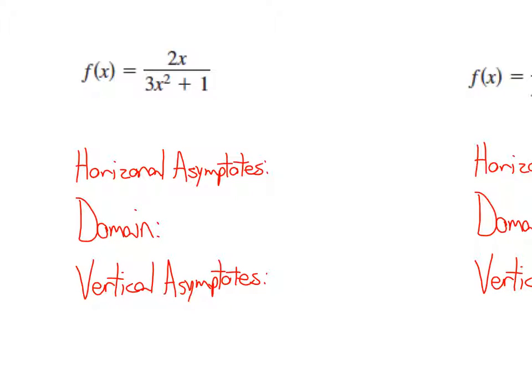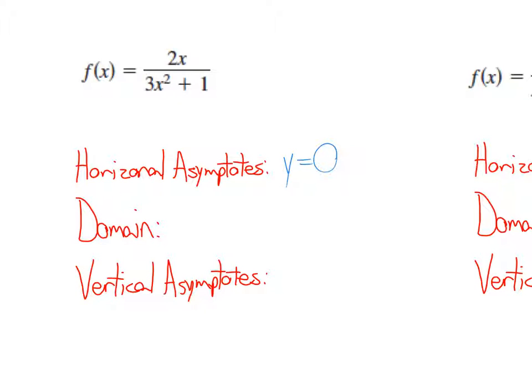It's bigger on the bottom. We have an x squared as opposed to an x to the first. So bigger on the bottom means y equals 0 is our horizontal asymptote. By the way, it doesn't just have to be 1 less. We could have a 2x to the first and an x to the fifth. It doesn't matter how much bigger it is. If it's bigger at all, we know it's y equals 0.